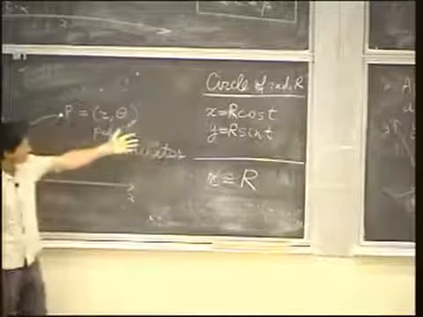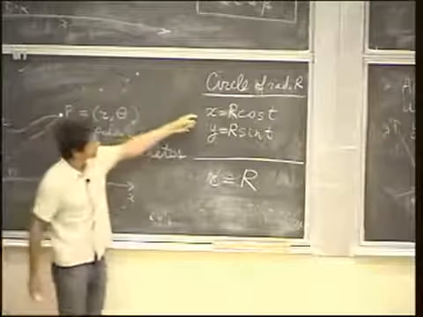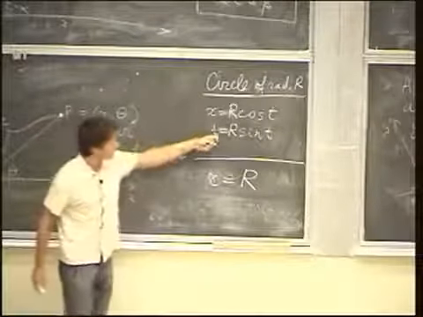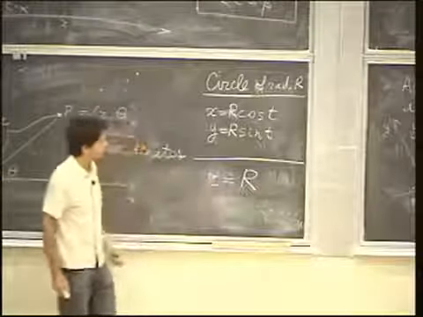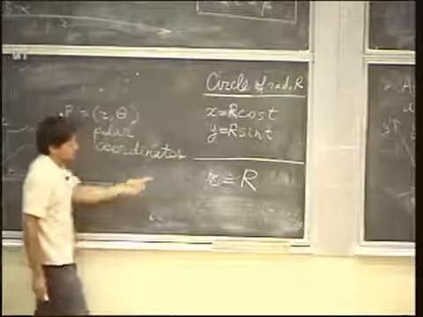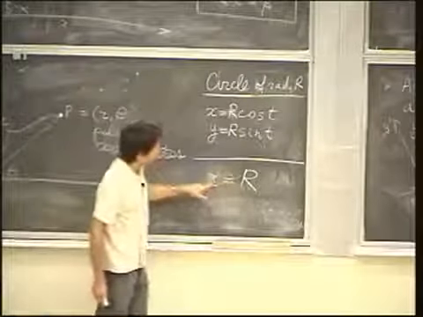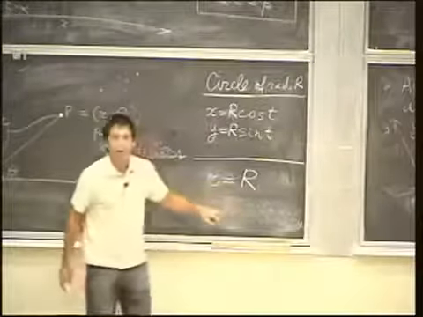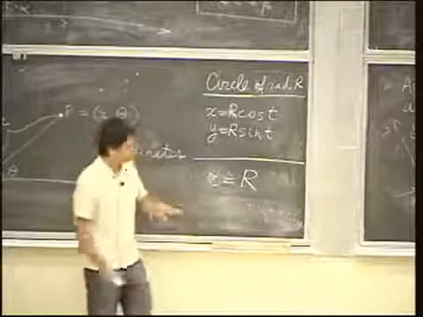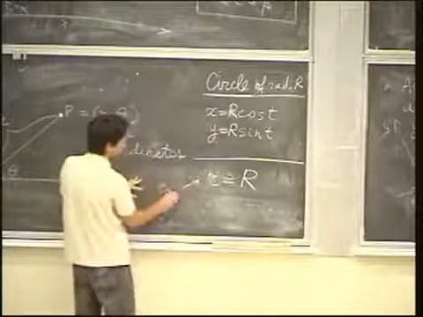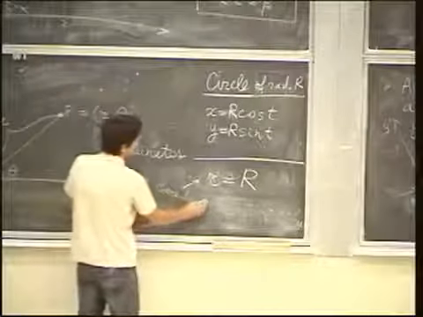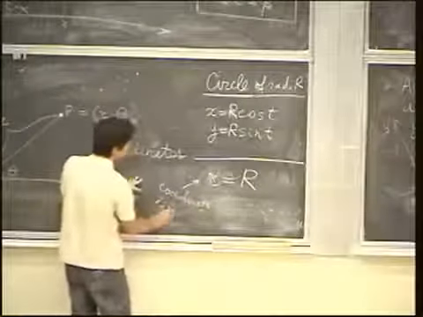So it's the same curve, the circle, but represented in two different coordinate systems. Here we use cosine and sine. Here we use nothing. It's just r is equal to r capital. And keep in mind that here the small r and the big R play completely different roles. This r is one of the two polar coordinates. This is a coordinate like x or y.